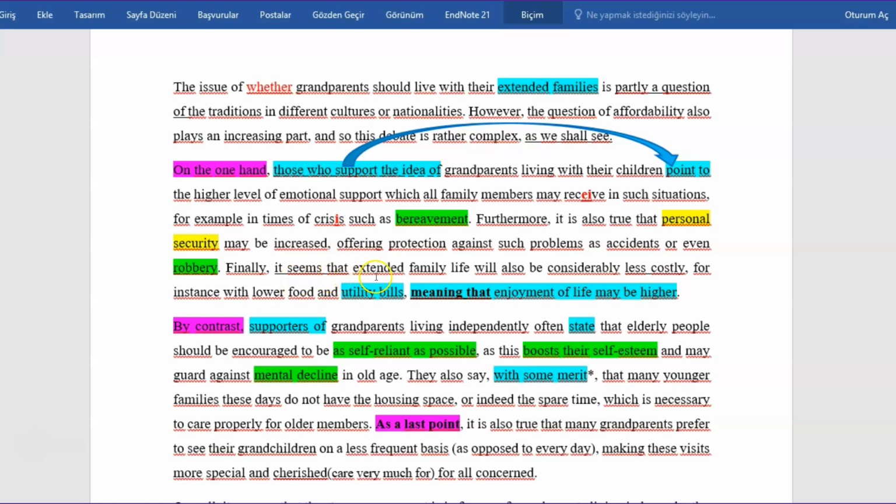Finally, it seems that extended family life will also be considerably less costly, for instance, with lower food and utility bills, meaning that enjoyment of life may be higher, right? Pay attention to some grammatical errors here, in writing and spelling, in your real exam.